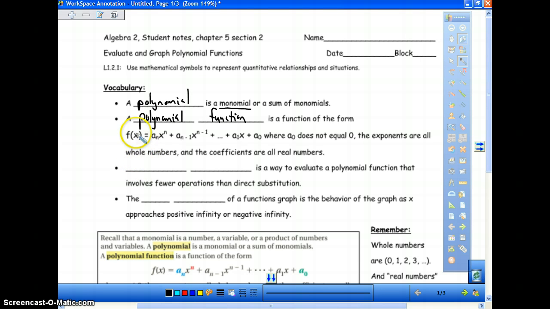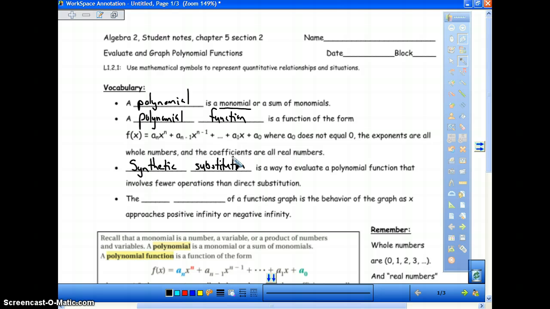This next one is going to be an interesting concept that you may not be familiar with. It's called synthetic substitution. Synthetic substitution is just a way to evaluate a polynomial function that involves fewer operations than direct substitution.